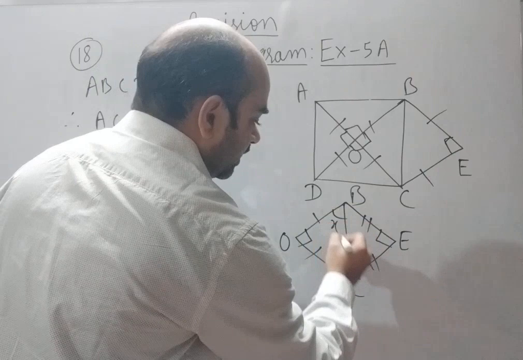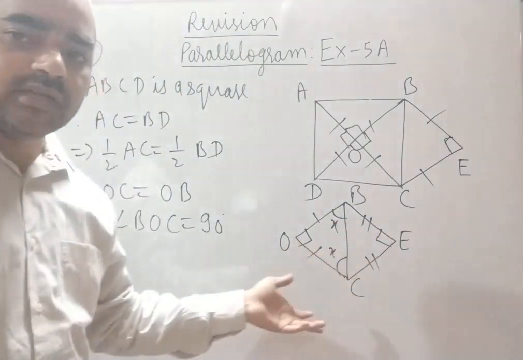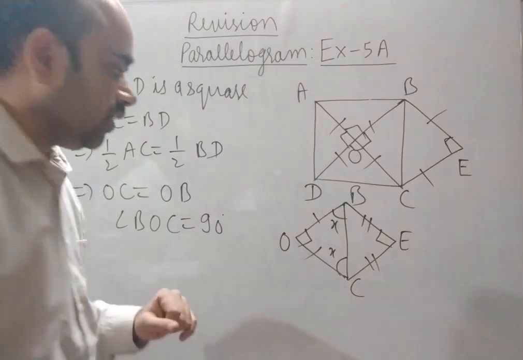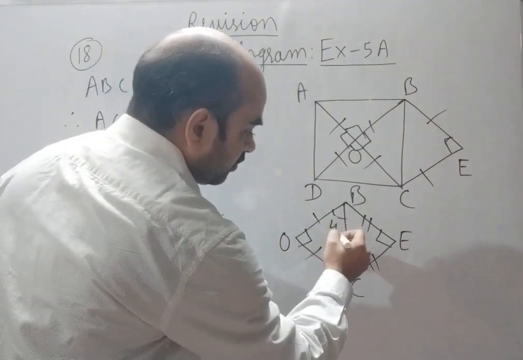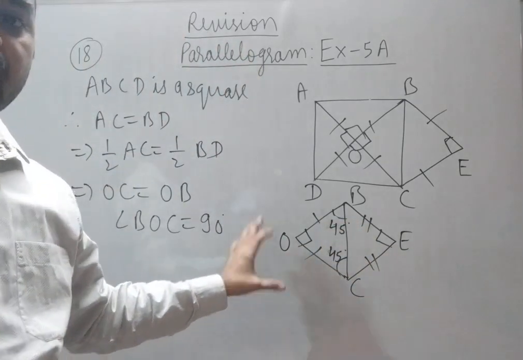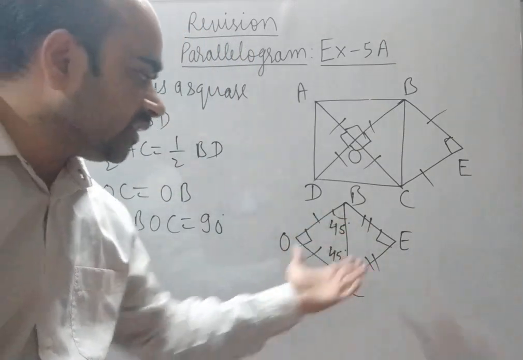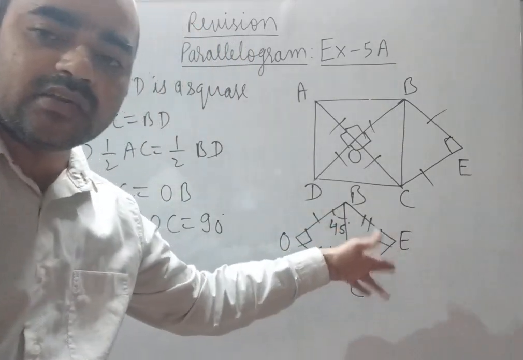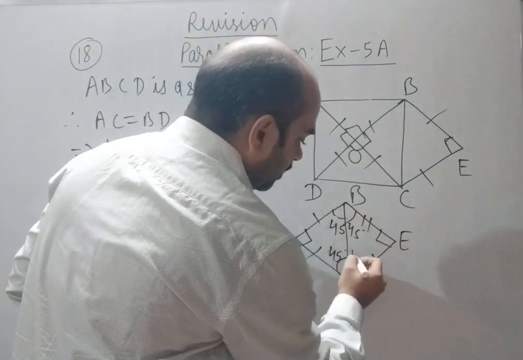Suppose X and X. Again in this triangle, two sides are equal, so opposite angles will be equal. Now if these two angles are equal, each angle will be 45 degrees. You can calculate. One angle is 90 degrees, the remaining sum is 90, but angles are equal, so 45 degrees, 45 degrees. Similarly here, 90, sides are equal, opposite angles are equal, so 45, 45.